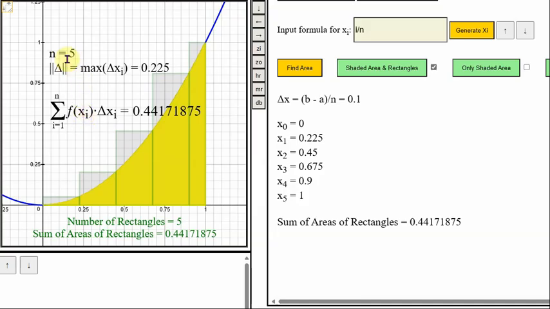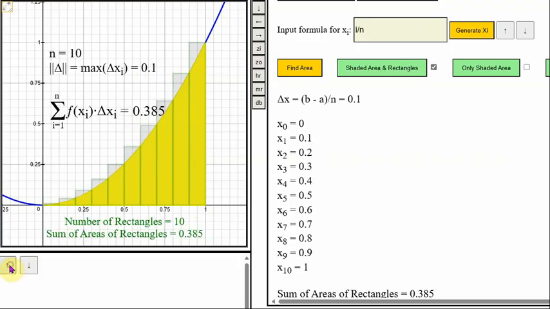Here I've filled the yellow region with 5 rectangles, and here are the x of i's right here. In this case, the largest subinterval width will be 0.225, and the sum of the areas of the rectangles is about 0.4417. Now I'm going to increase the number of rectangles to 10, and the largest subinterval width now is 0.1.